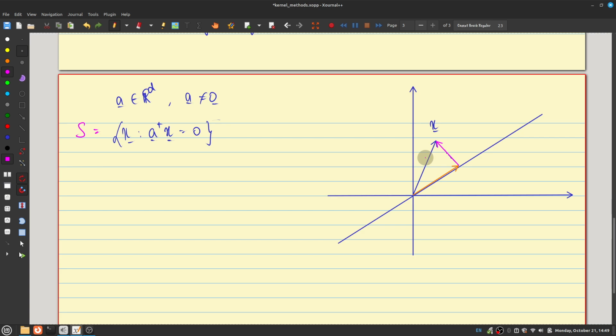It should be in the direction of A. So effectively it's either in the direction of A or in the direction of minus A.